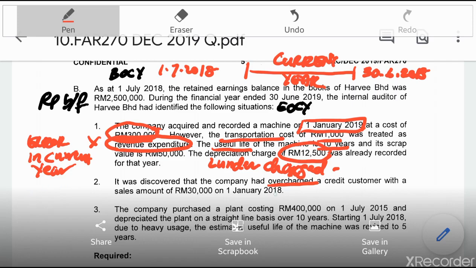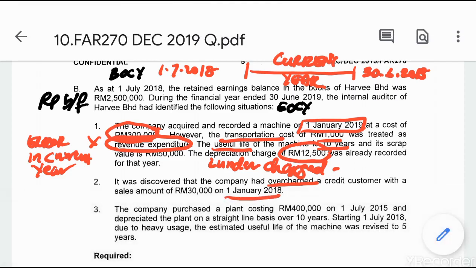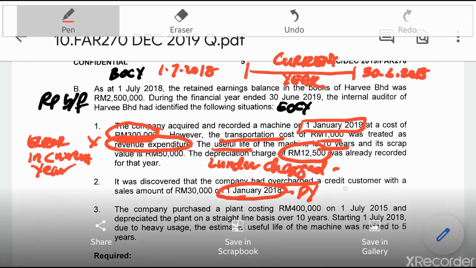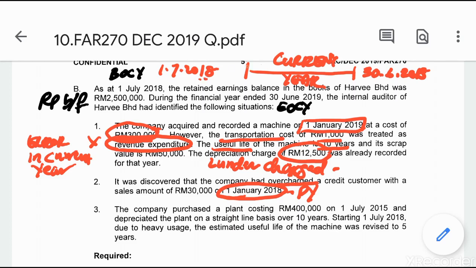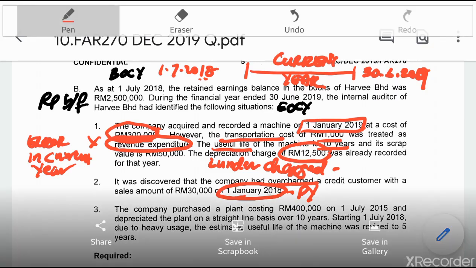But since this happened on 1st of January 2018, it happened in the prior year, because our current period is 1st of January 2018 up till 30th of June 2019, right?